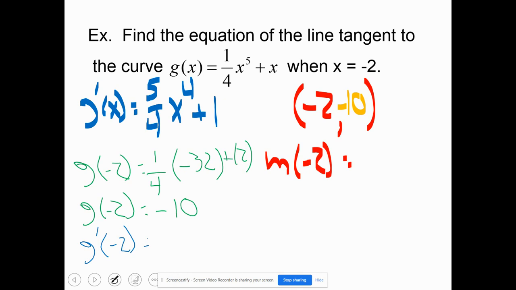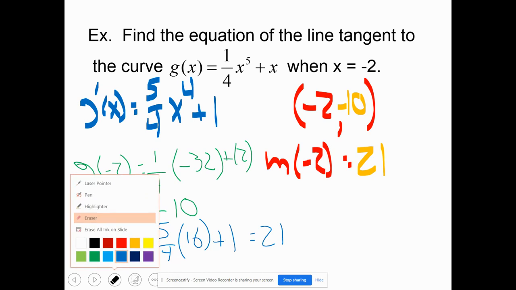So I got g of -2 being -10. And I got the slope at -2 to be 21. And I need a little bit of room.